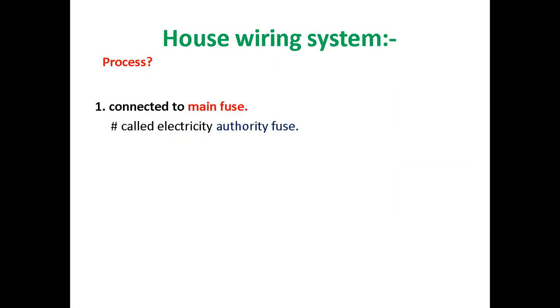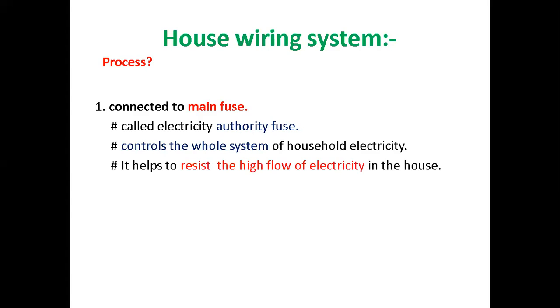Therefore, it is also called the authority fuse. It controls the whole system of household electricity. If the main fuse is off or damaged, the whole system of the house will be off. Even the meter box will be off, the line is cut off.